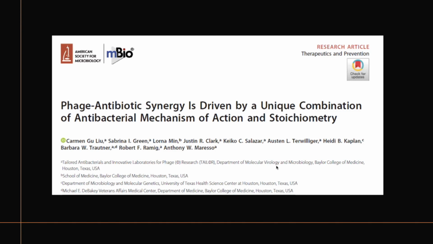I think it's a very important concept that I'm interested in, and I think we might be able to see that in our own practice become more and more standard, using a unique combination of antibacterial mechanisms of action and stoichiometry, which reminded me of Dr. Canella, who says that step 1 and pre-med and all that stuff always comes to bite your butt in ID, and that's kind of true. So I had not heard that word stoichiometry in a while.